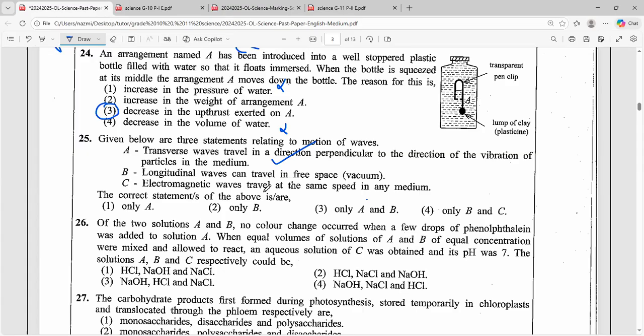We didn't talk about the longitudinal waves, no? Electromagnetic waves travel at same speed in any medium. No, only in vacuum they go at the same speed. So even B is not correct. Because longitudinal waves are mechanical waves, no? Mechanical waves need particles to travel, so obviously they can't go in a vacuum. Okay? B is wrong. 25, first one.